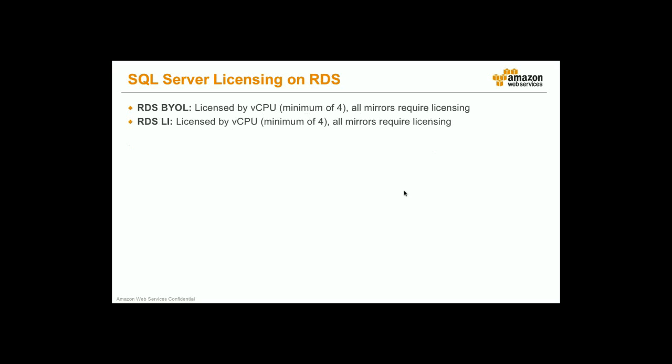Now with RDS, it's a bit more simple. If you bring your own license, you do need to meet the license mobility requirement. So we will ask you to provide license mobility, and you would need to fill in a form to make sure that you adhere to that.